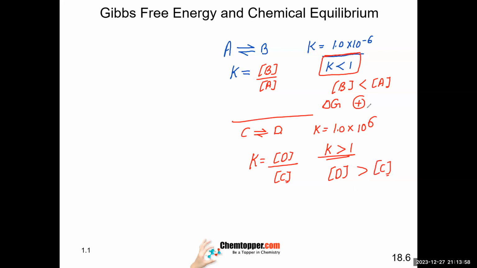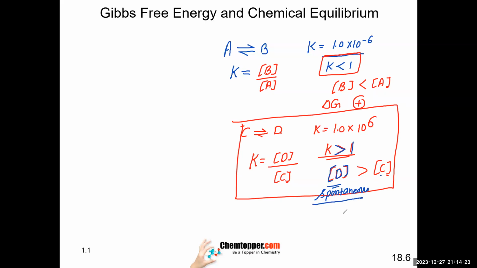Now this reaction is spontaneous or non-spontaneous? This one. K is greater than 1. You have more products than reactants. So this one is spontaneous. If it is spontaneous, why it is spontaneous? Because products are more.